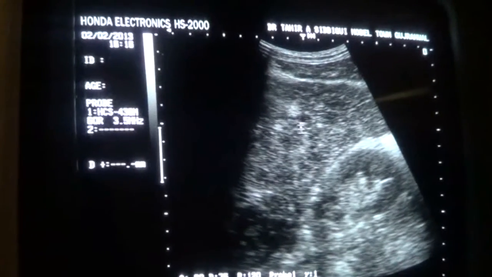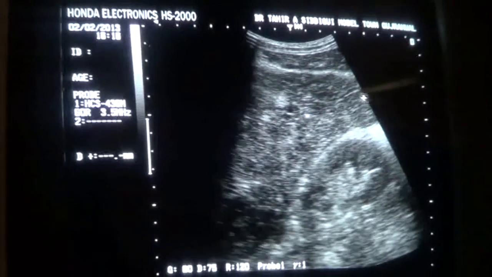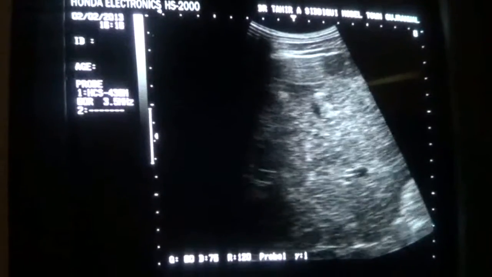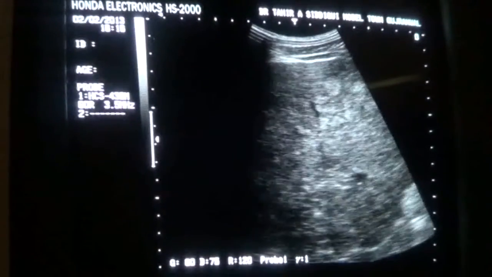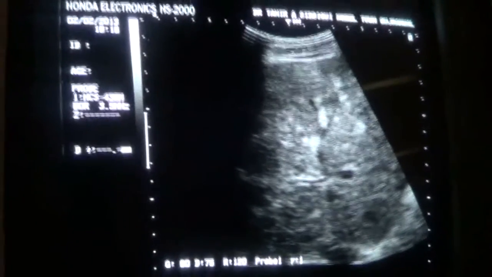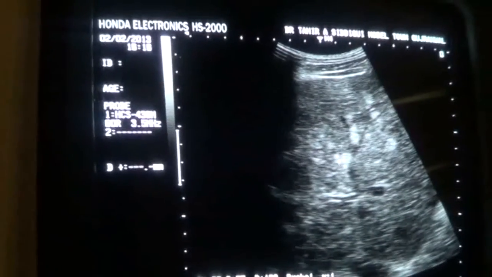This is an echogenic area as well within this cirrhotic liver, with multiple echogenic as well as hypoechoic sub-centimeter areas. This is the sub-centimeter echogenic area, 2, 3, 4, 5, 6, 7.